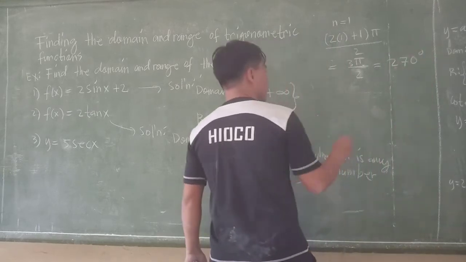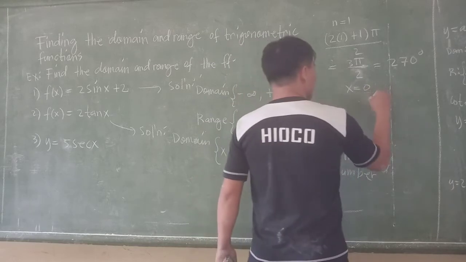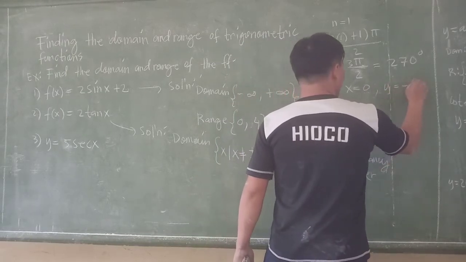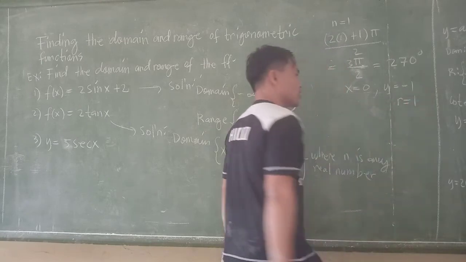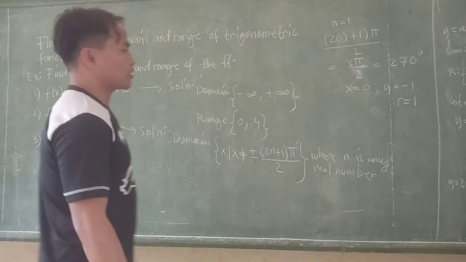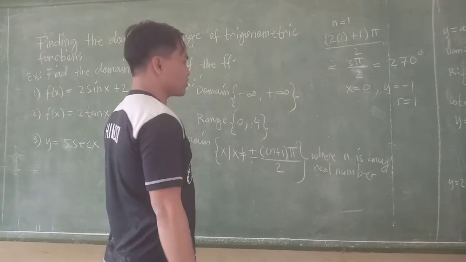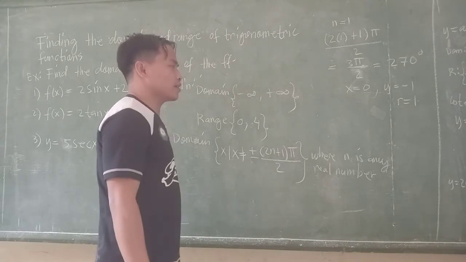It means that x at this time is equal to 0, then y is equal to negative 1, then r is equal to positive 1 because the radius or the hypotenuse is always equal to 1. That is actually from the unit circle, the coordinates for x, y.